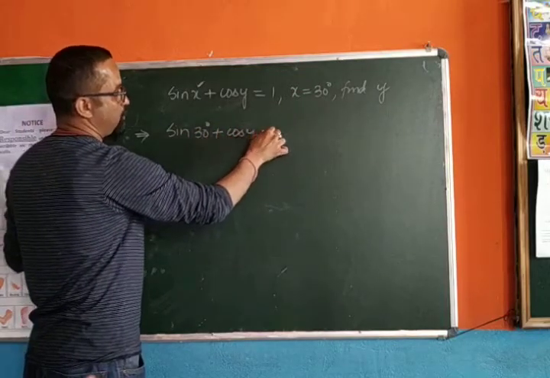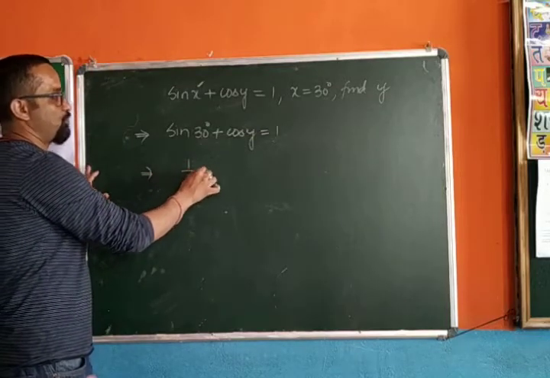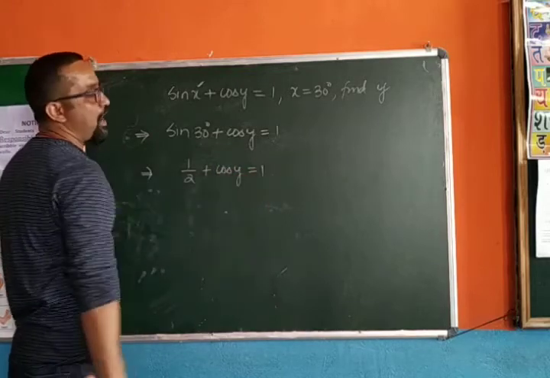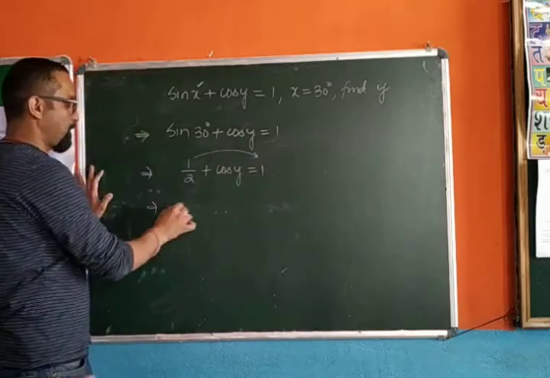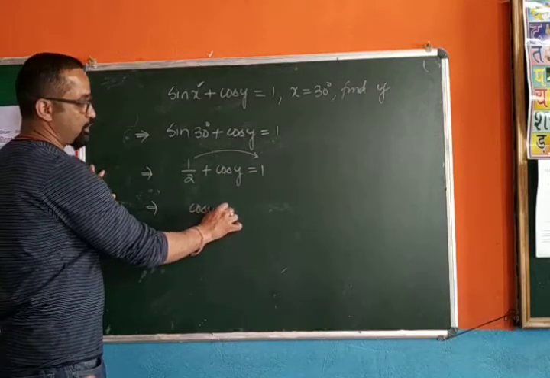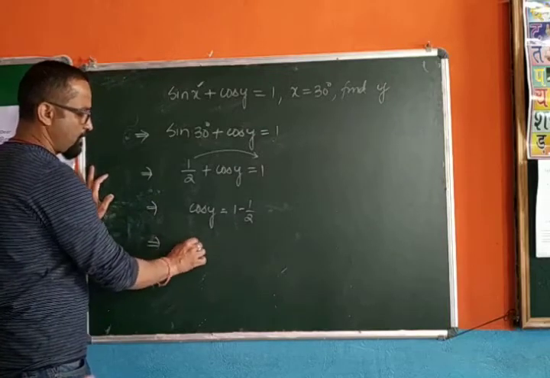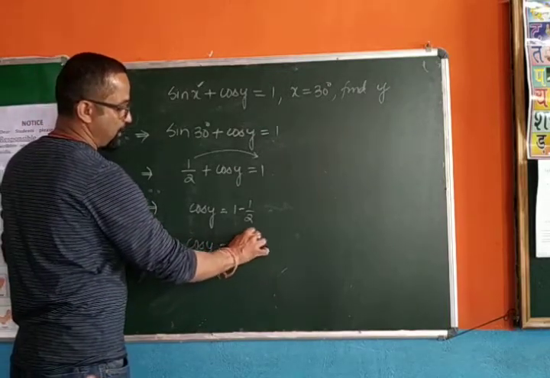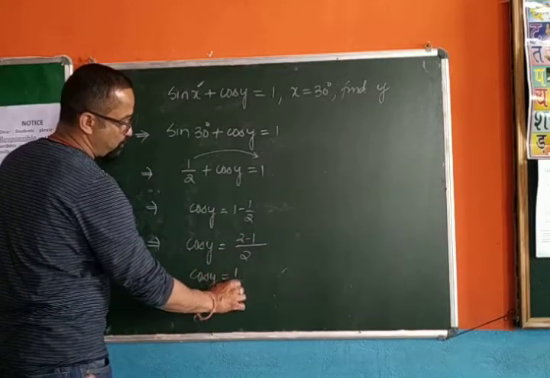Sin 30 is 1 upon 2, plus cos y is equal to 1. Transpose it, take it to the other side. Cos y is equal to 1 minus 1 by 2. Take LCM, 2 minus 1. Cos y equal to 1 upon 2.